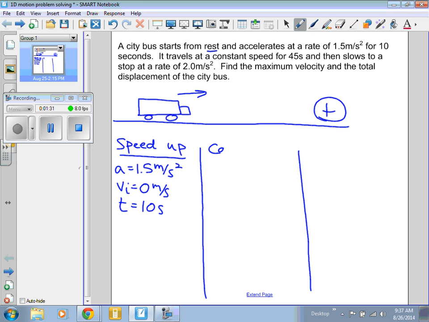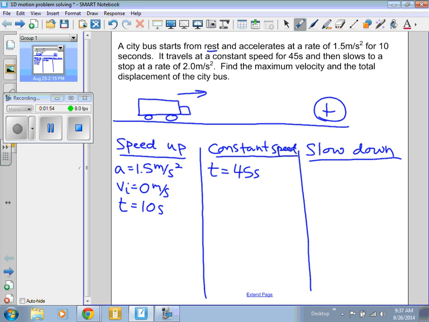When it's going at a constant speed, we also know some things. We know that the time it goes at a constant speed is 45 seconds, and that's all we know right now. And then we're going to slow down. We know that the final velocity is equal to 0 because it slows to a stop.